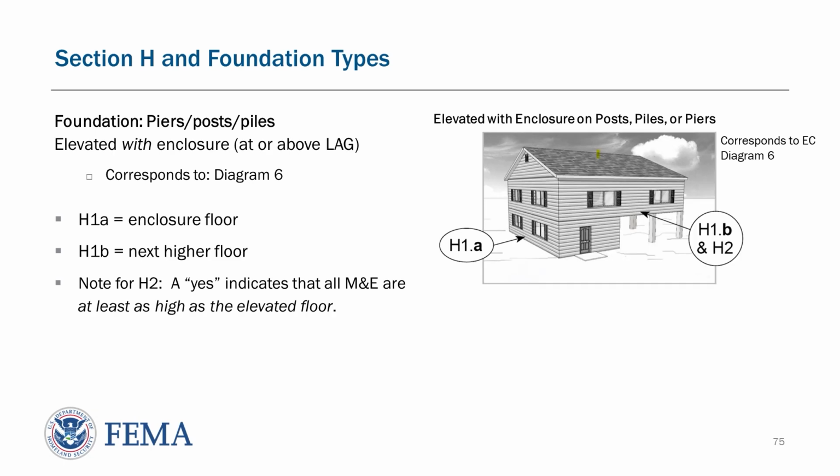For buildings elevated on posts, piers, or piles with an enclosure, that's diagram 6, H1A is the enclosure floor. H1B is the next higher floor, in this case, the elevated floor. A yes in H2 indicates that all machinery is at least as high as the elevated floor.